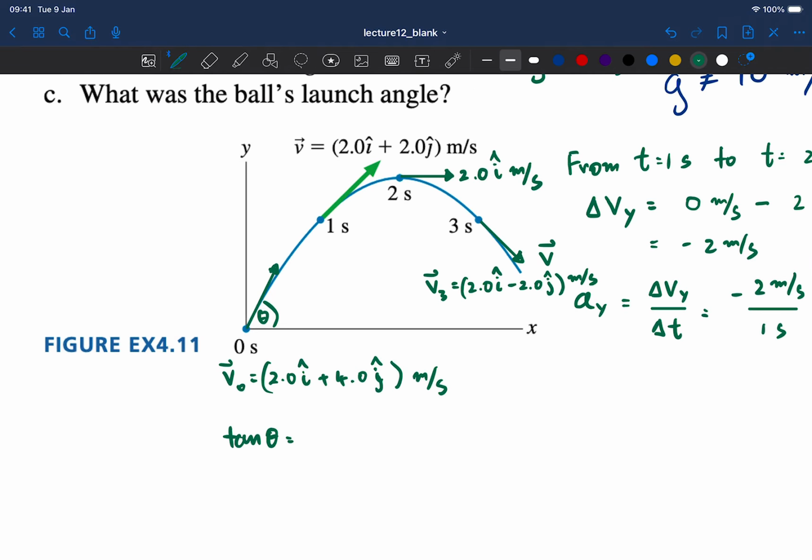Tan of this angle is the y component divided by the x component, which is 2. So the angle is just arctan of 2, which is 63.4 degrees.